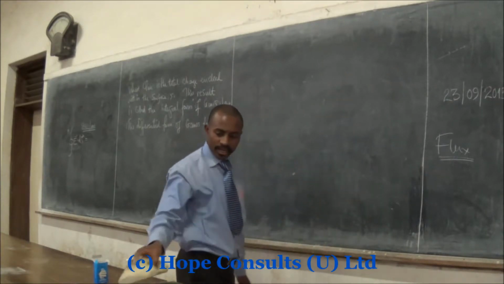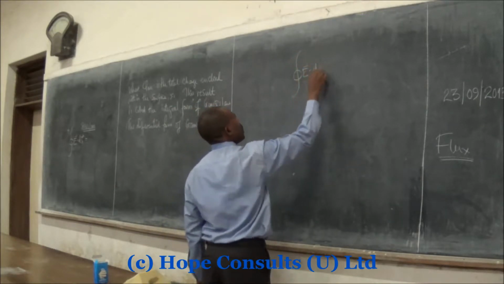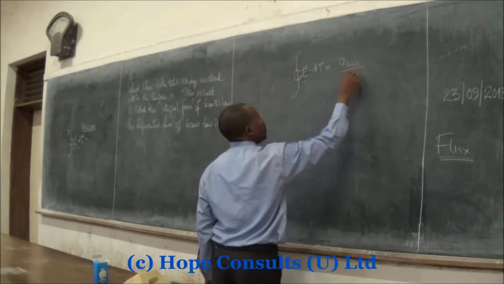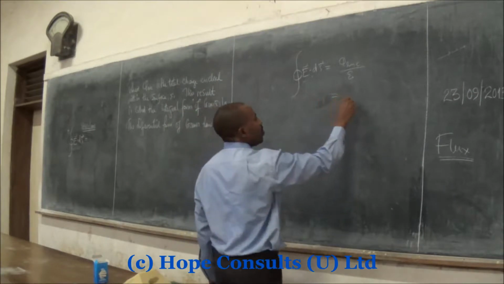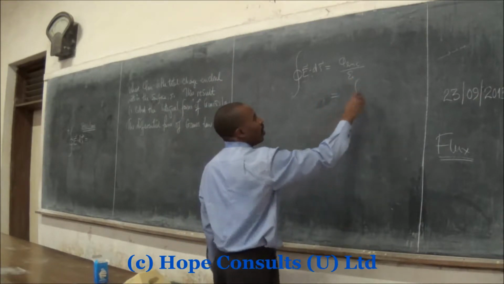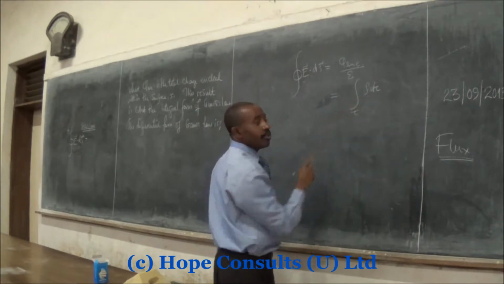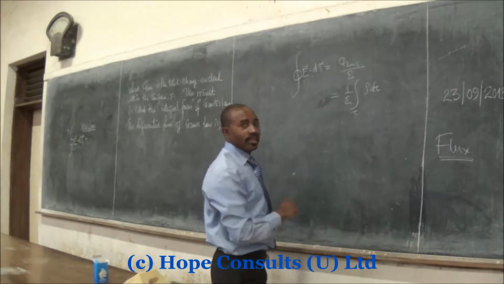What we got was integral E dot S being the same as Q enclosed divided by epsilon naught. We can say that this is the same as the integral of rho d tau over the volume tau, which will give us the total charge, divided by epsilon naught.